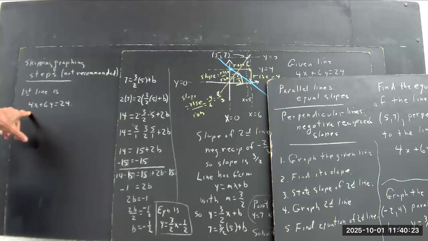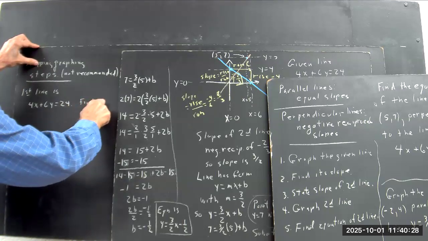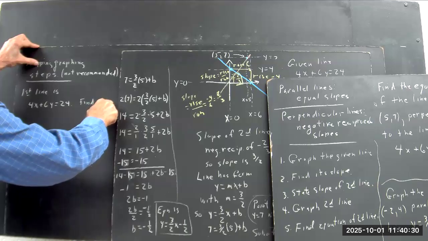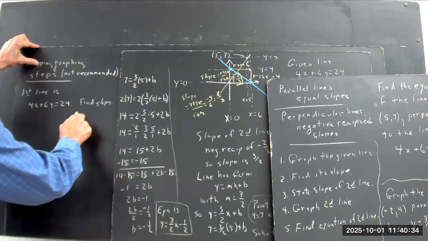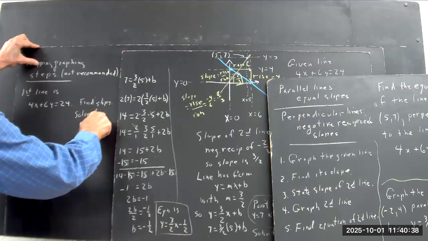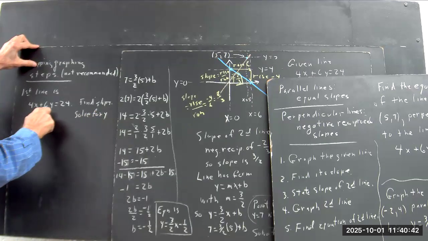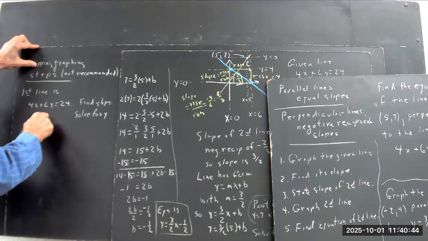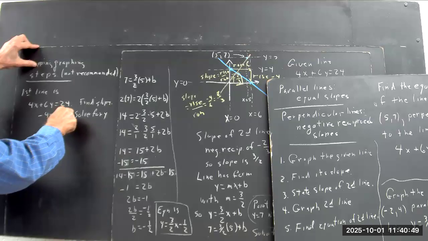First line is this, you've got to find the slope. You solve for y. You've got 4x plus 6y equals 24. You subtract 4x.